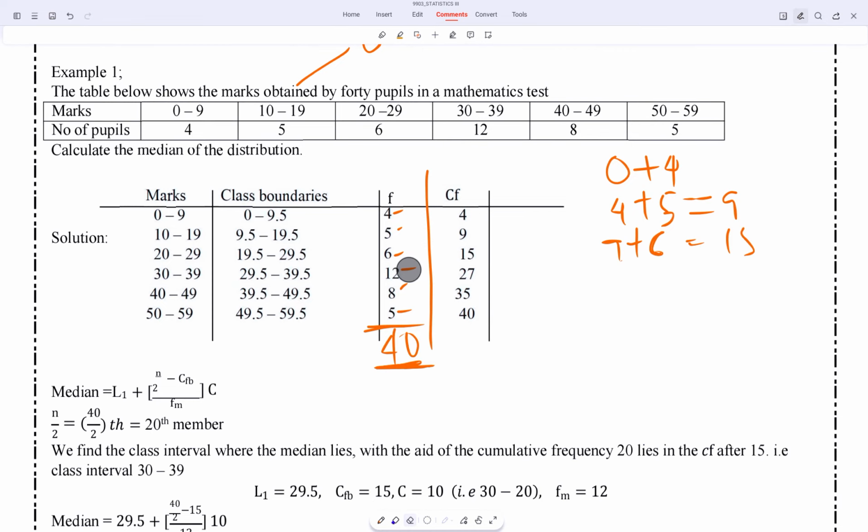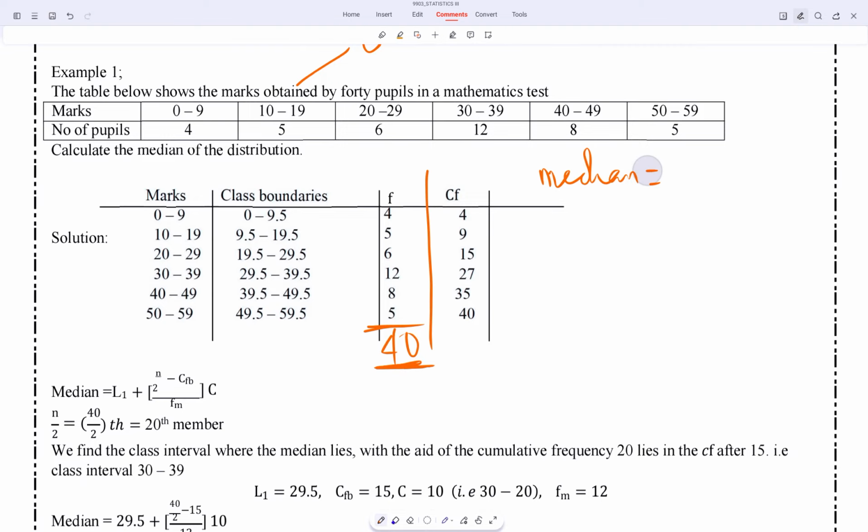Now that we've been able to get that, let's come to our data. Don't forget, the question is that you should find the median. Calculate the median of the distribution. Now, to calculate the median, don't forget I told you the formula to calculate the median is equal to what?